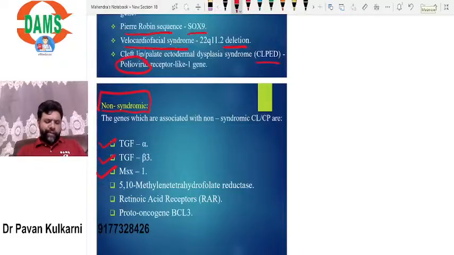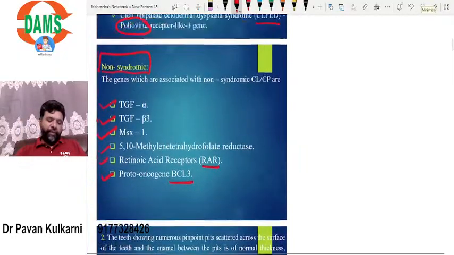Also 5,10-methylenetetrahydrofolate reductase, RAR, which is retinoic acid receptors, and proto-oncogene BCL3. So these are certain non-syndromic genes. If any of these genes are mutated, that will lead to non-syndromic cleft lip, cleft palate.